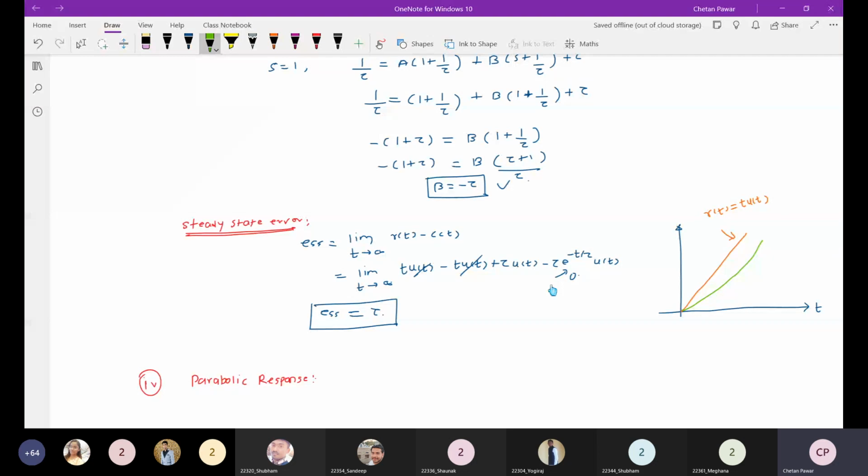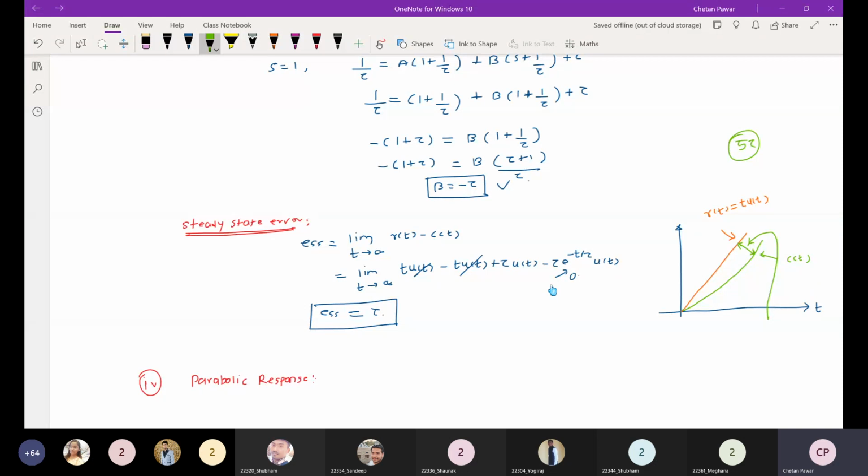So this will be the c(t). And if you find the difference between these two, that will be tau. Generally, practical systems reach steady state at approximately 5 tau, okay? So it doesn't take infinite time, right?